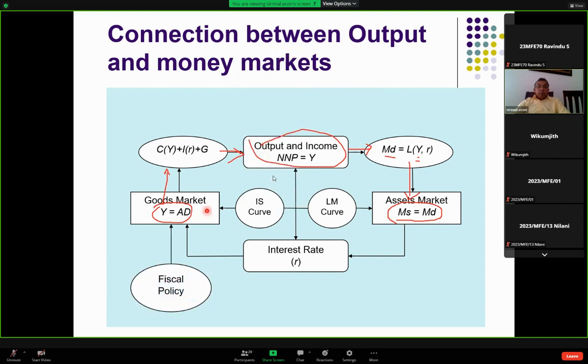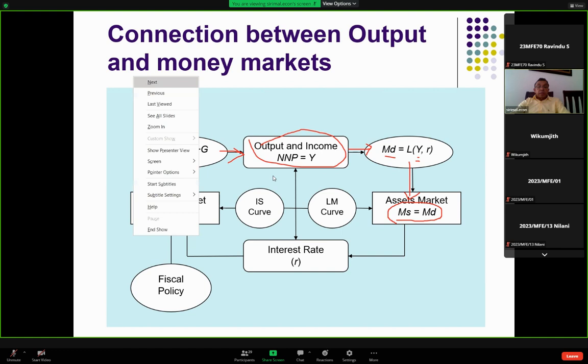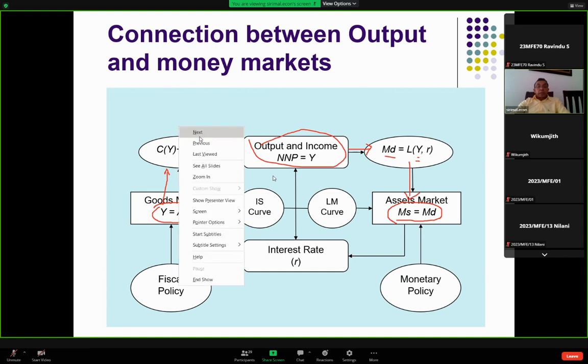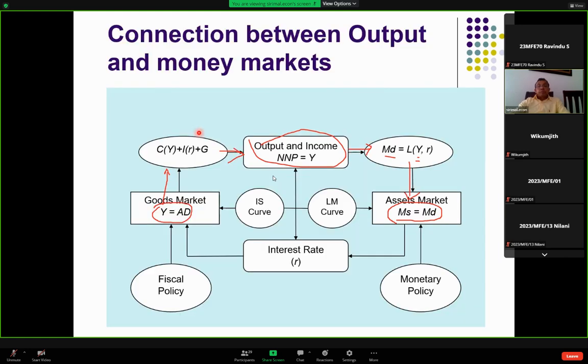And then we have the policy factors. Policies affect the output market and policies affect the money market. And the two are also connected, because these two main macroeconomic policies are also connected.